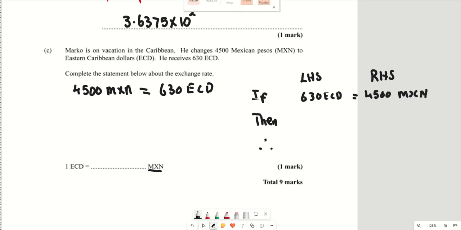Now, the next part, the then line, is to find for 1. So 1 ECD. Your then line is always defined for 1 unless your if line is not what 1 is equal to. So 1 ECD would be, majority of the time, right-hand side divided by your left-hand side.